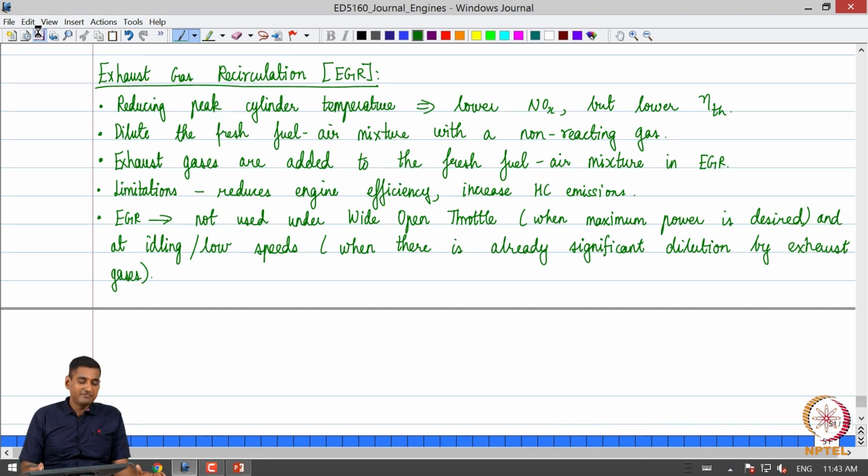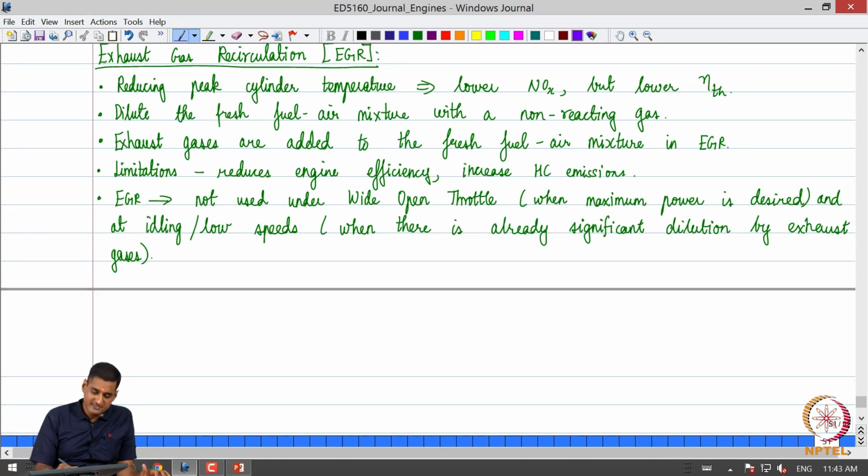Another way of reducing NOx, which is also applied particularly in heavy vehicles, is what is called selective catalytic reduction. So, what is this? These are various tools available to reduce the engine emissions.